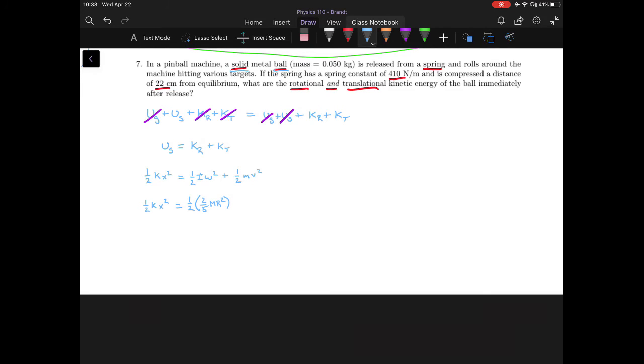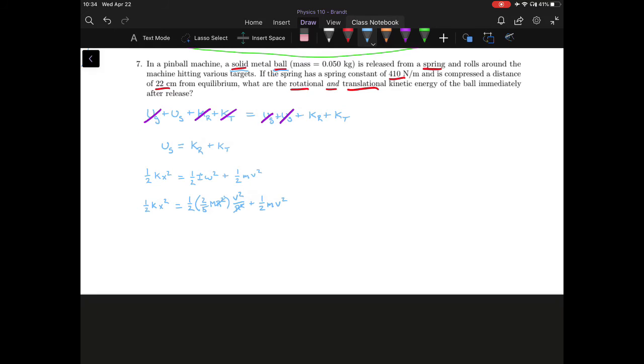But once again, omega is just v squared over r squared, and then 1/2 mv squared. So the r squareds are going to cancel, so it doesn't really matter how big the ball is.